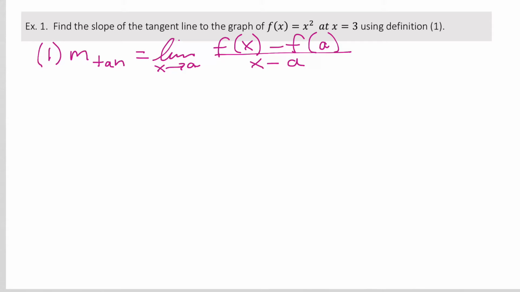So what we're really saying here is that if we can evaluate this limit, then we will have an exact number for the slope of the tangent line, and we can use this method instead of having to make a table of values.